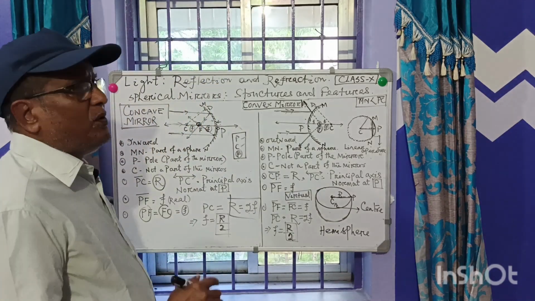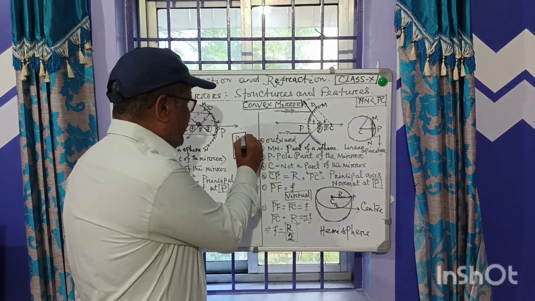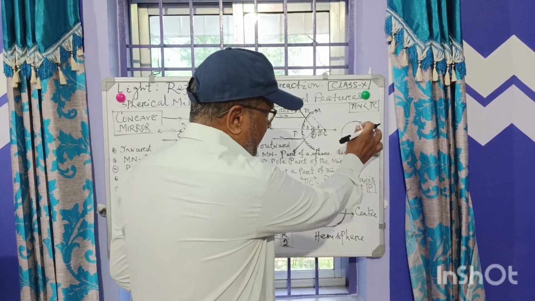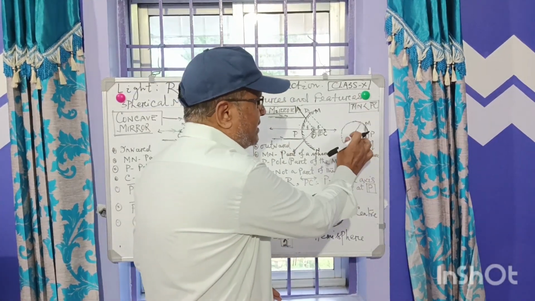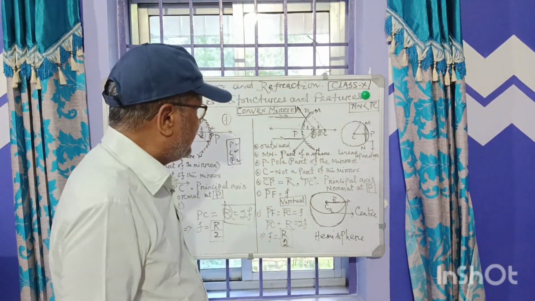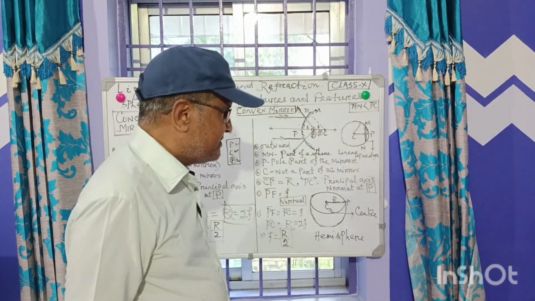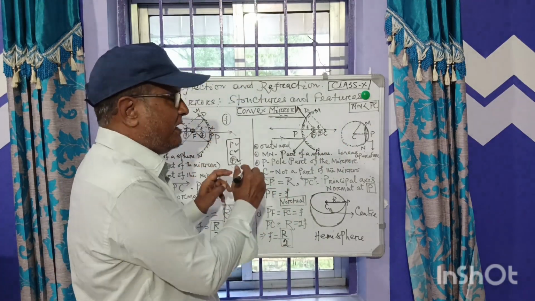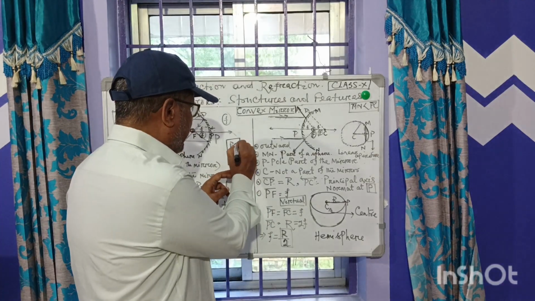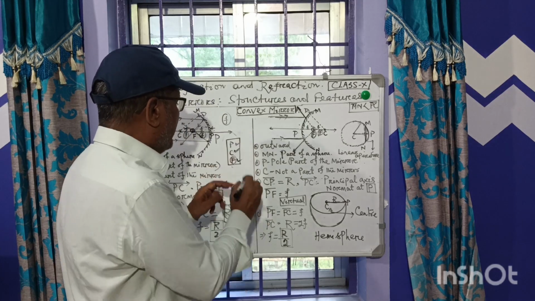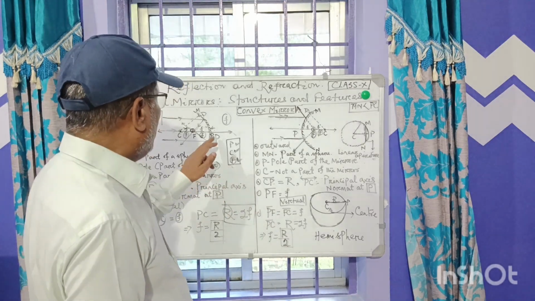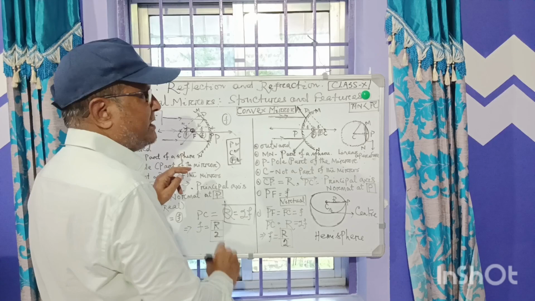So now we have got 3 points P, C and F. When the aperture is small compared to the radius of curvature, the mirror is small, and in that case there is a relationship among P, C, F. P is for pole, C for center, and F for principal focus, or usually just focus.